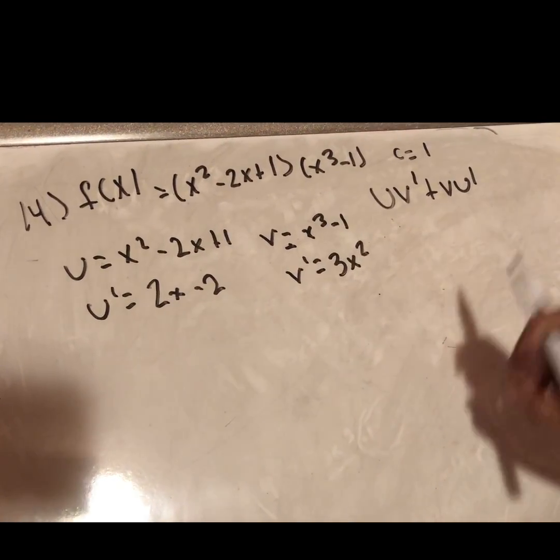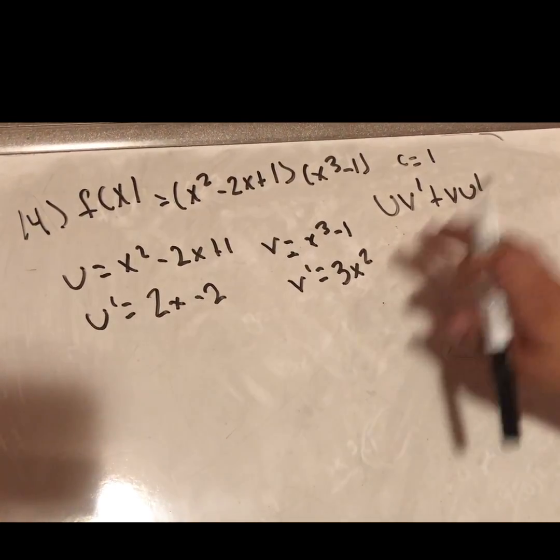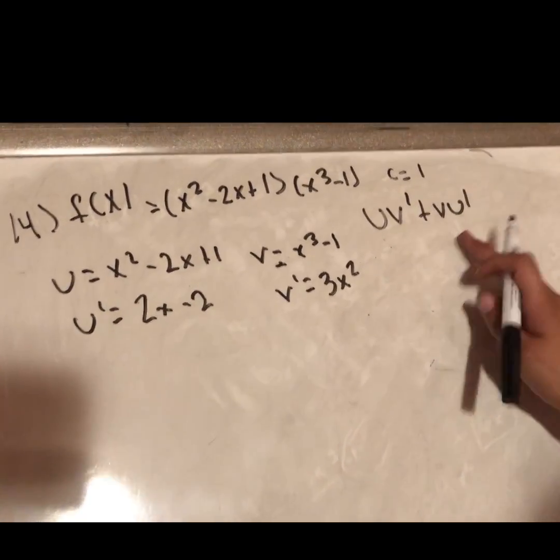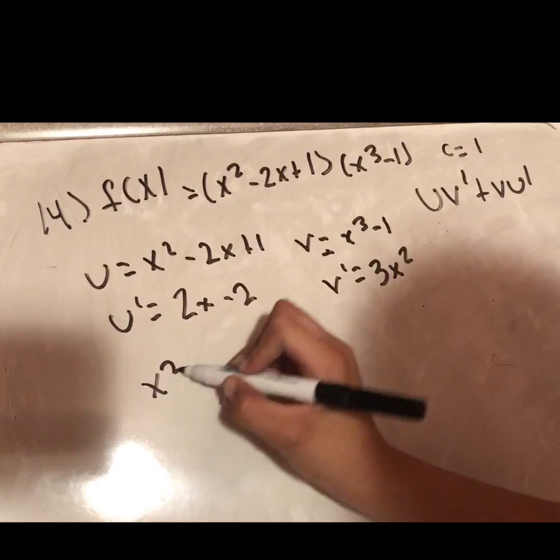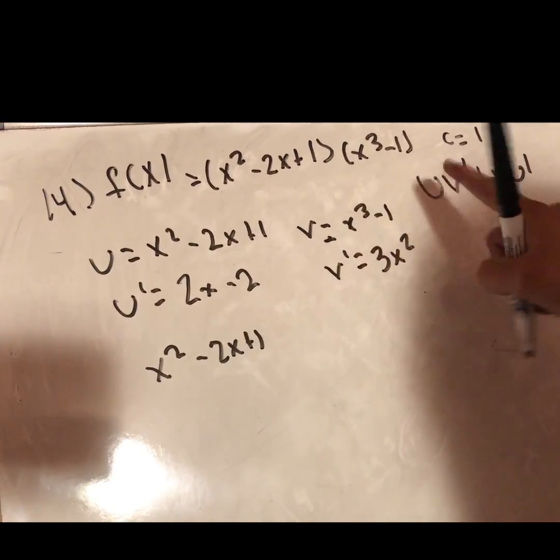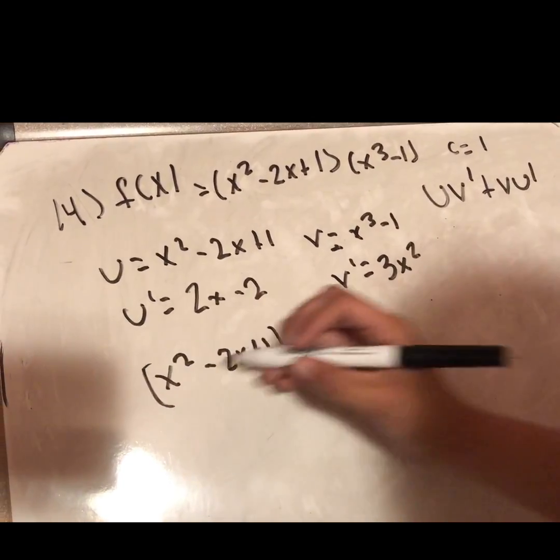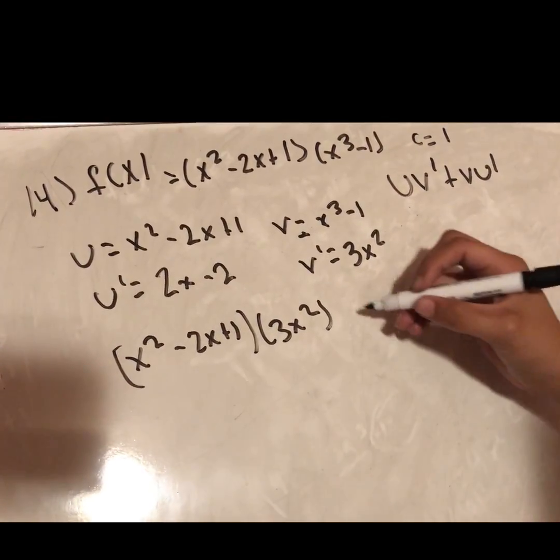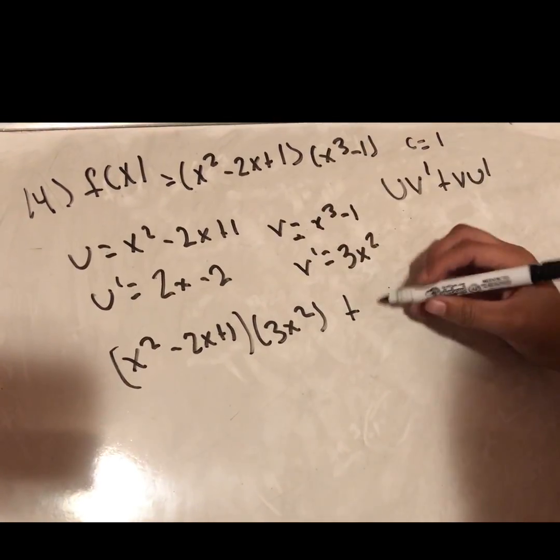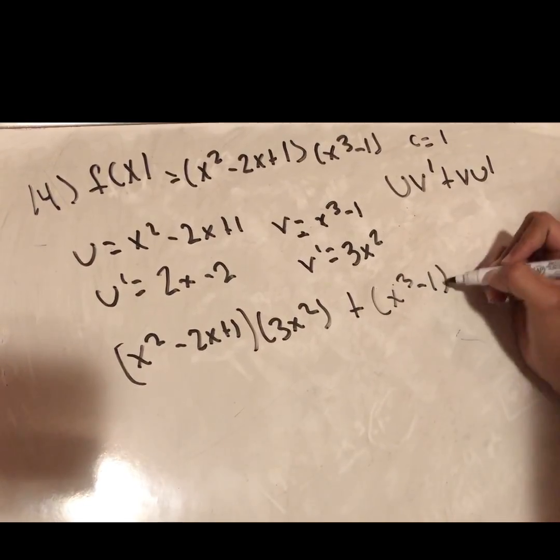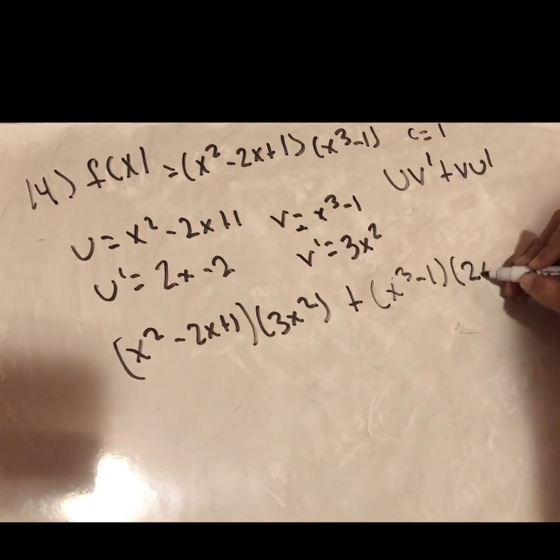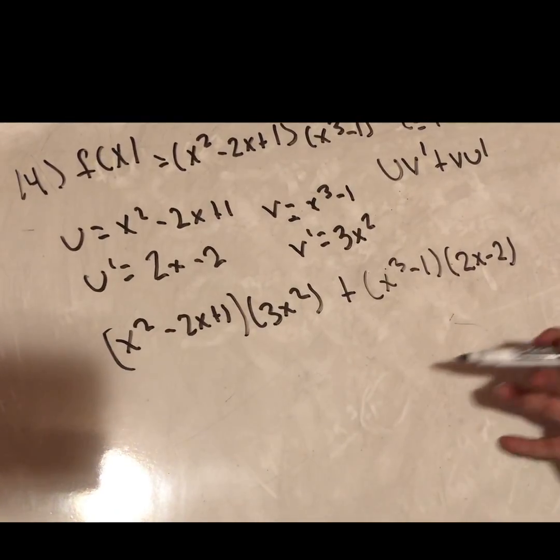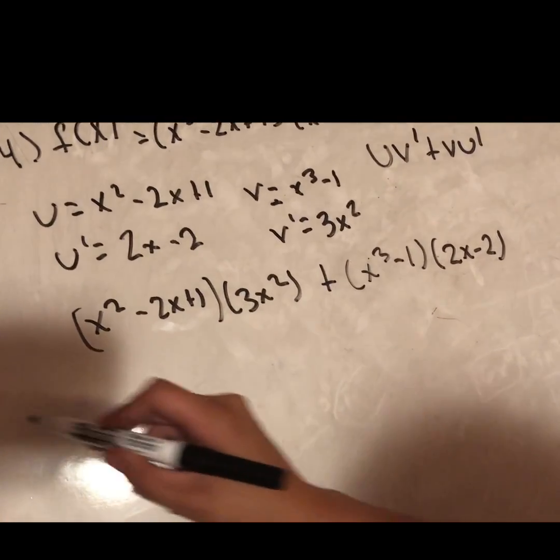So what we're going to do is plug in our u and our v into our formula. Sorry. So x squared minus 2x plus 1 as our u, v prime is going to be 3x squared, plus v, which is going to be x cubed minus 1, times 2x minus 2. So we're going to do the box method again.